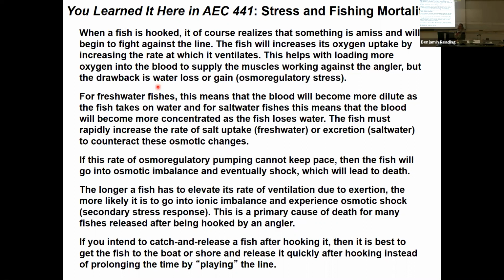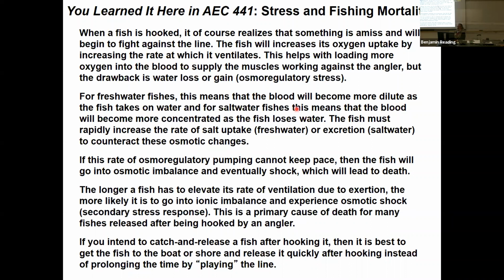But the drawback then is the more blood you pump over the gills, the more salt and water exchange occurs there. Whether it's a marine fish, you're dehydrating it. Freshwater fish, you're diluting it. But it has to do it because it has to have that oxygen so it can fight you.